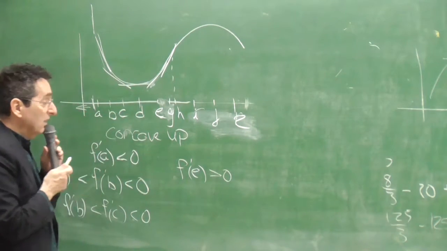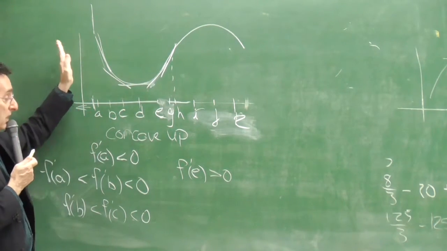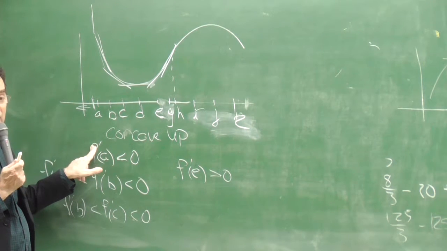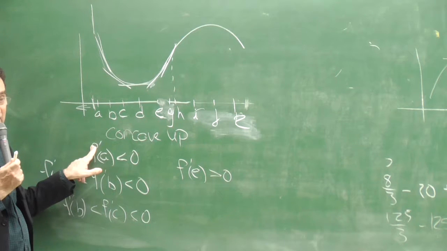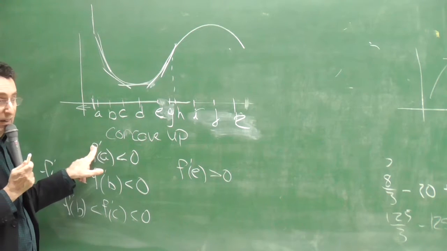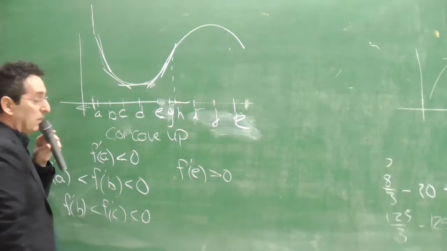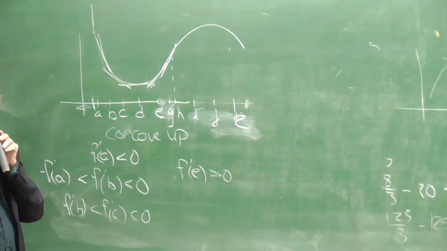What is increasing here? What were we just talking about? F prime, right? The derivative is increasing. Between A and G or H, whatever it is, the derivative is increasing, right?